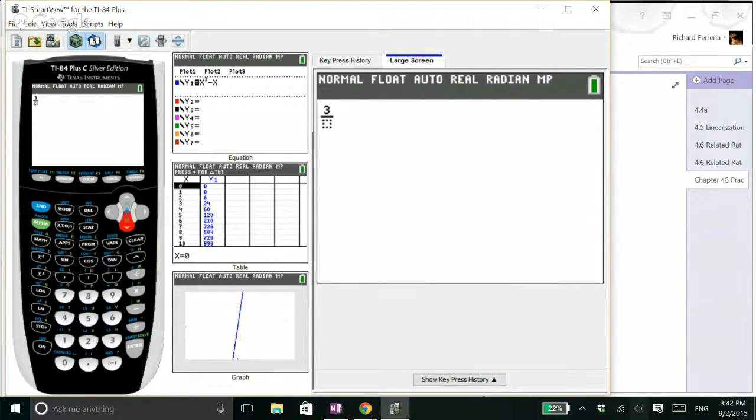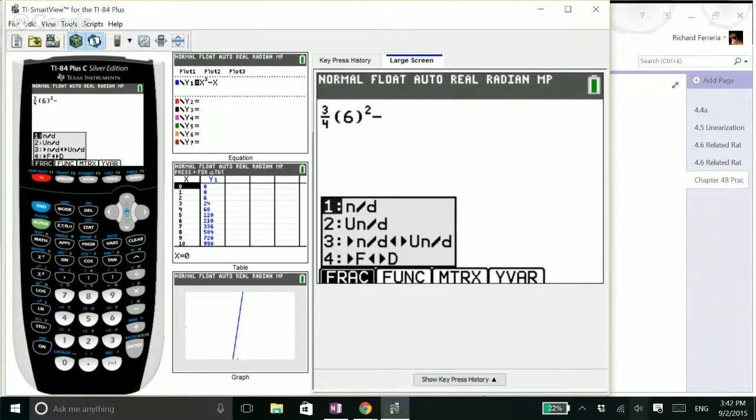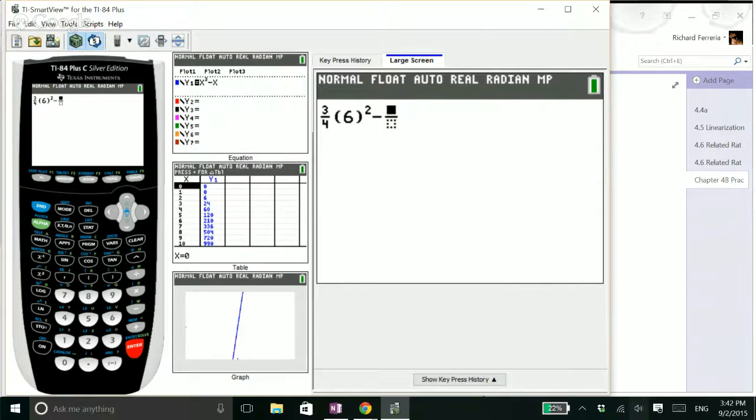We have 3 over 4 times 6 squared minus, again with the fraction key, 16 over 6 squared. And what's nice about this is I should get a rational answer. Yes, 239 over 9. That's going to be my slope, 239 over 9.